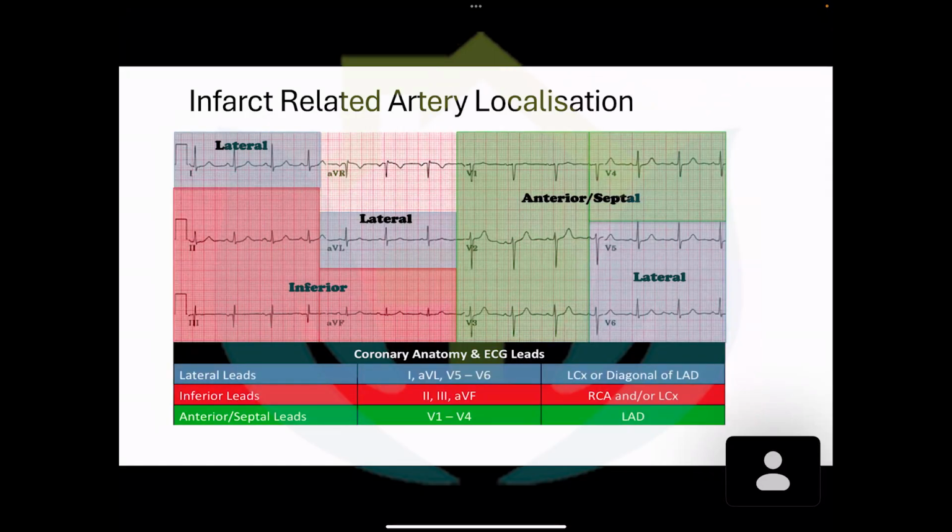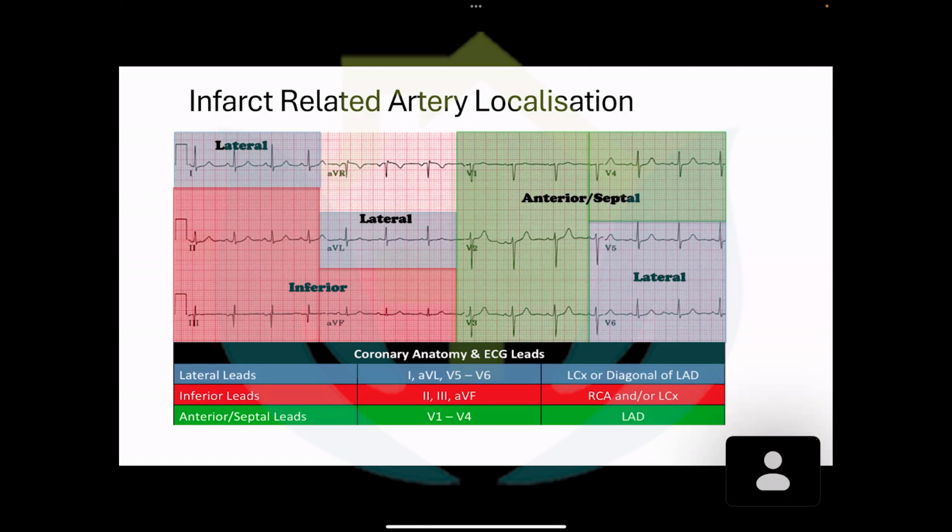And this diagram, I think everybody knows. The lateral leads, inferior leads, anteroseptal leads. As the doctor told a few ECGs back, anteroseptal leads V1 to V4, LAD is blocked. Inferior leads, you all know, 2, 3, aVF, usually RCA. If RCA is not in the options, go for the left circumflex. Left circumflex is also a cause, but RCA, if it is an option, go for RCA only.